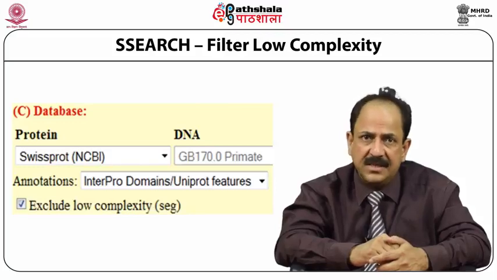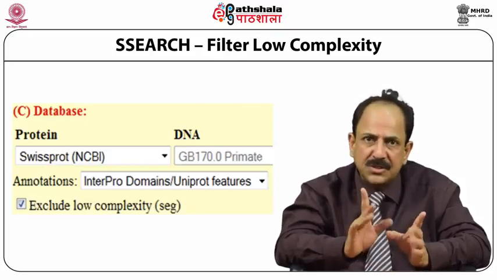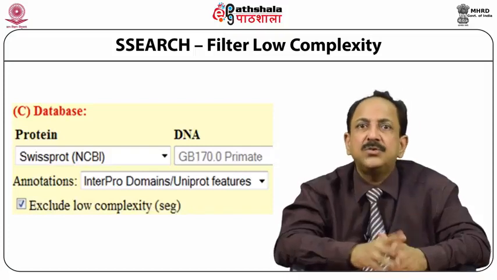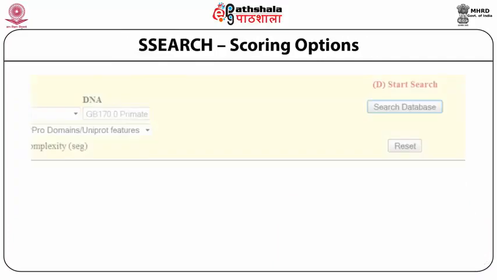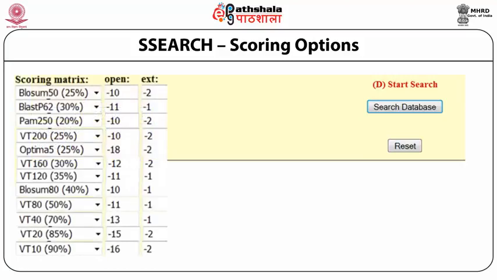However, Section C offers options to users to change the default values for scoring parameters. In Section C, the user has the option to change the default scoring matrix. When a scoring matrix is selected, the open gap penalty as well as extend gap penalty change automatically to the values preset for that scoring matrix.